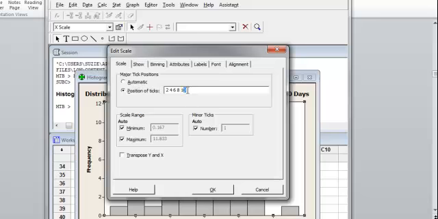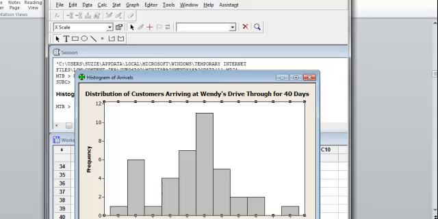So here I'd have to do 1. And now I'll have a number at each tick mark. That's what you want, at least that's what I would want when I'm doing this graph.